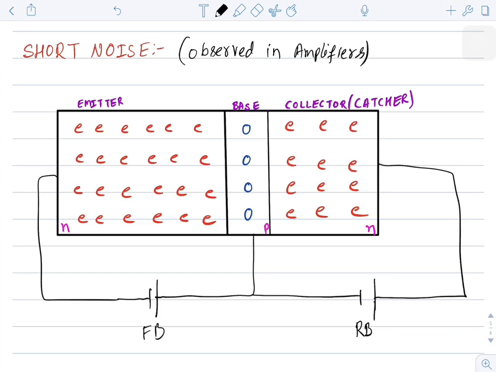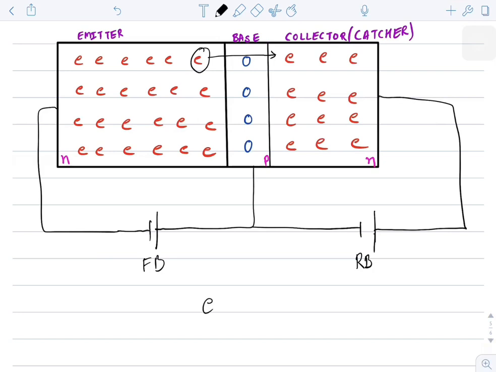During the operation of this transistor as an amplifier, the electron which is available at the emitter will tend to move towards the collector. For an instantaneous current which is given at the emitter, we expect that all the electrons will flow from emitter to collector instantaneously. But you know, the electron will not move in a straight path. It will move in a random path like this, due to which the collector will not catch all the electrons at the same instant.